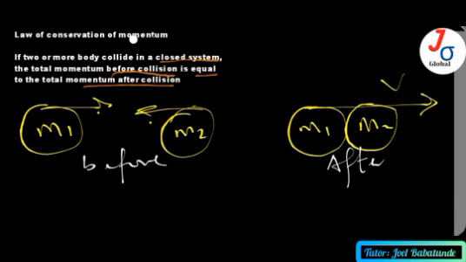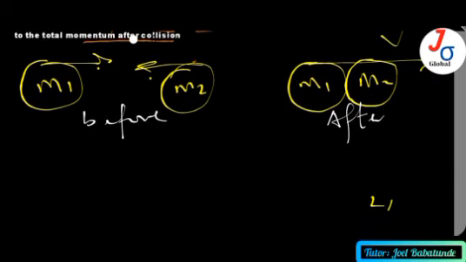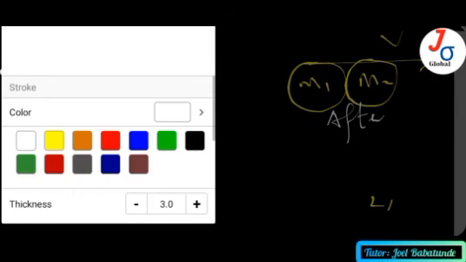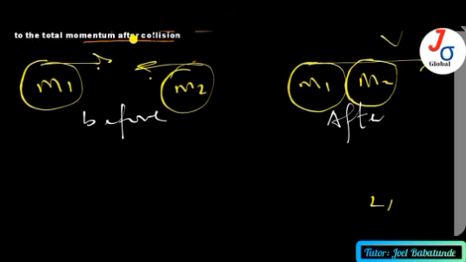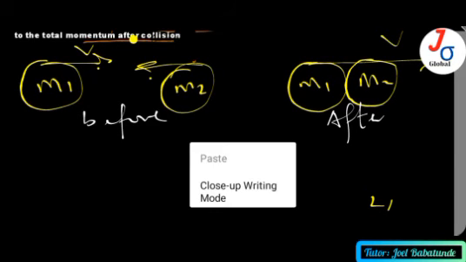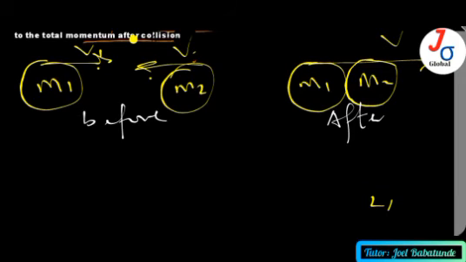All right, now because they are in opposite directions, this is going to be moving with V1 as well as V2. Okay, so this is M1 V1.